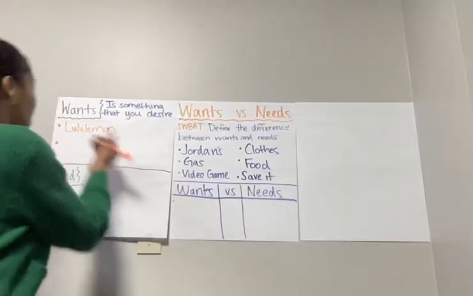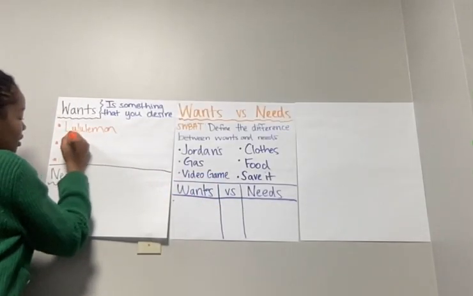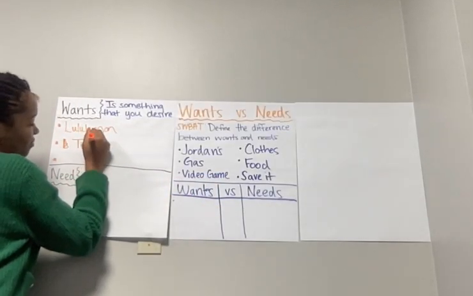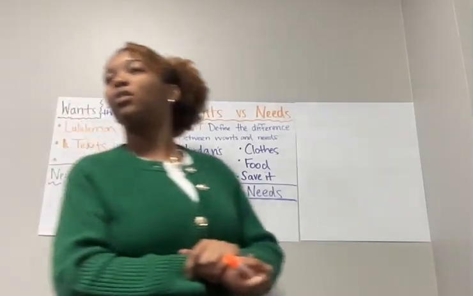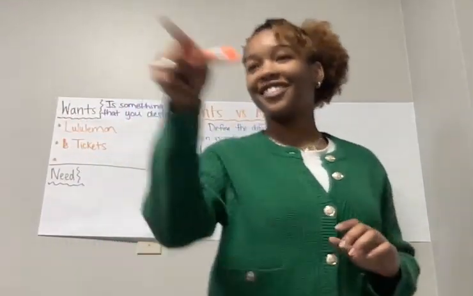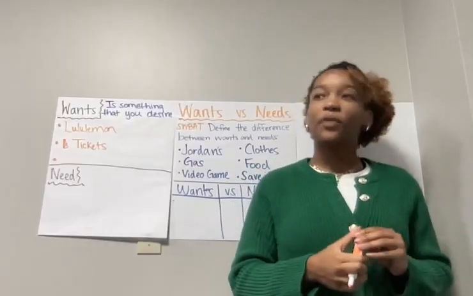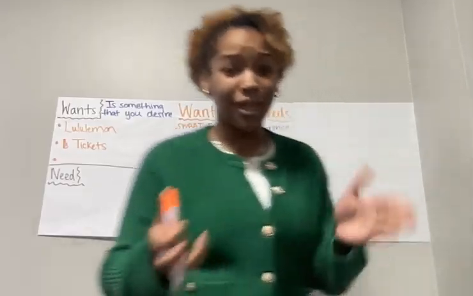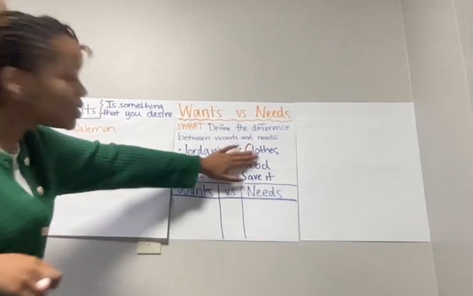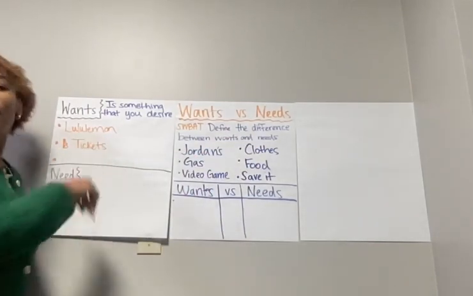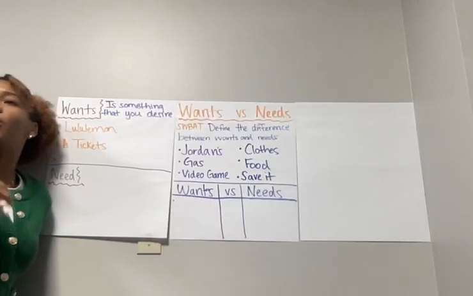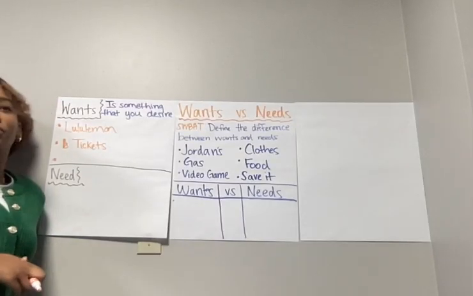We all love a good concert. I'm just going to write tickets. And one more. Yes, we can want to buy clothes, even though we said that already. Well, no, we already have Lululemon, you guys. What's one more thing that you would want?